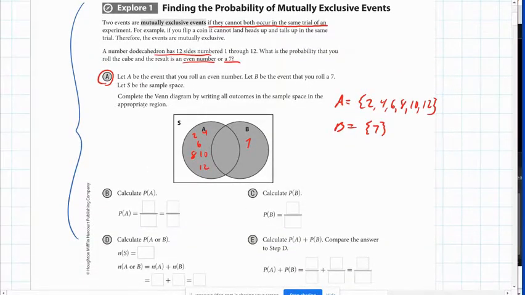So when we calculate the probability of A, this is the number of elements in A over the number of elements in our sample space, and our sample space is the 12-sided die, so that's 12. There are 1, 2, 3, 4, 5, 6 items in set A. B has 1 out of 12.